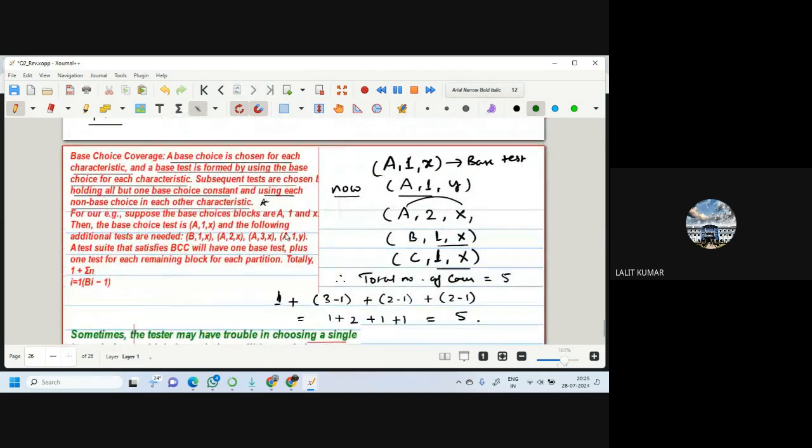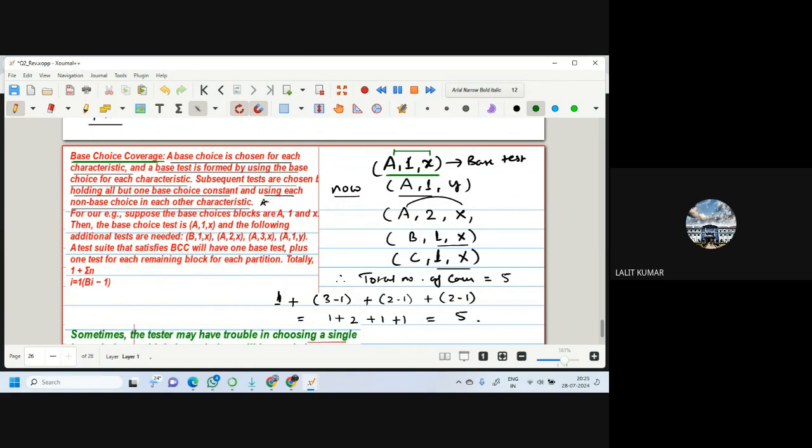Now they came to base choice coverage. What happens in the base choice coverage? You choose one best base test. For example, I have selected A1x, and now keeping two values constant, you change the third value.